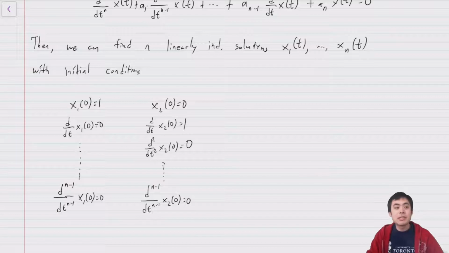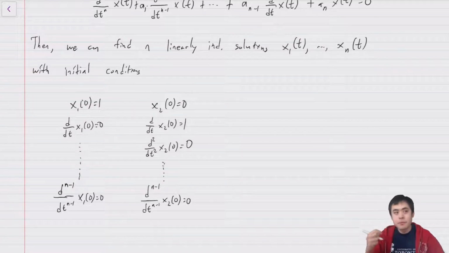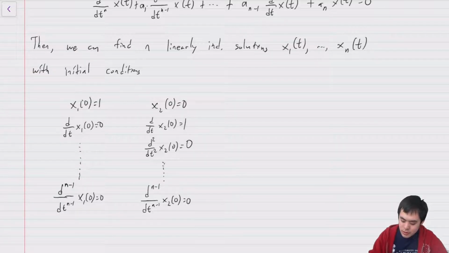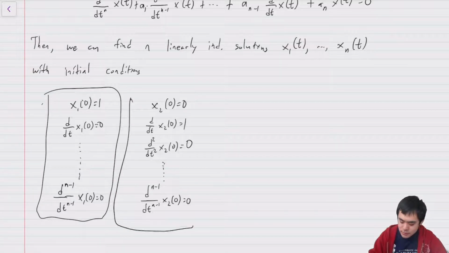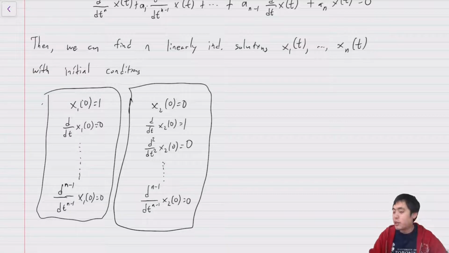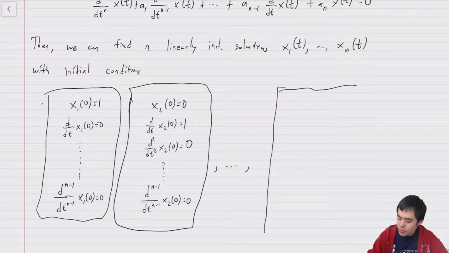What you'll notice is that we're setting one of the initial conditions to 1 and the rest to 0. Let me put these in boxes, because these are the initial conditions for each of our solutions. If we keep on going, we can go all the way to the end.